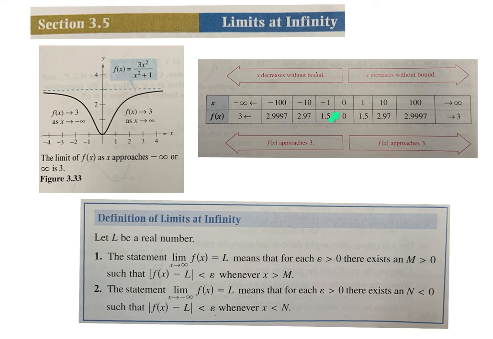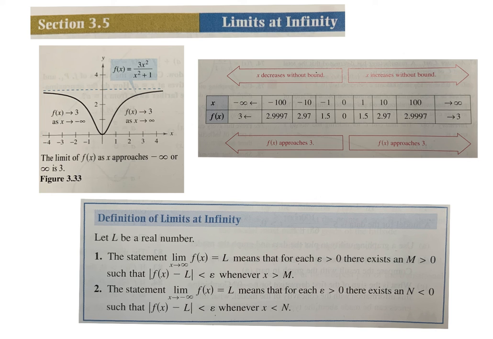And then you can see what it looks like when you actually do a chart. As you have this 3 value here on either side of it, you can see that x is going towards negative infinity on the left and towards positive infinity on the right. And then we see the actual definition here. Let L be a real number.